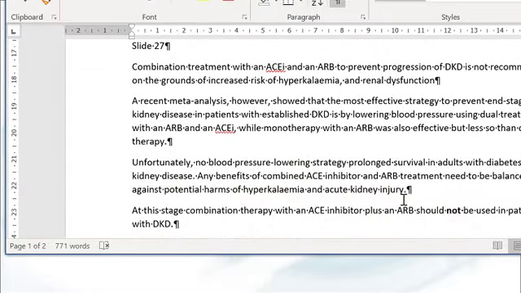Unfortunately, no blood pressure lowering strategy prolongs survival in adults with diabetes and kidney disease. Any benefit of combining ACE inhibitors with ARB therapy can lead to potential harms, and therefore is not something we should be looking at. At this stage, a combination of ACE inhibitors and ARBs should definitely not be used in DKD.